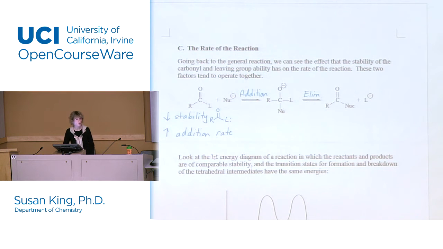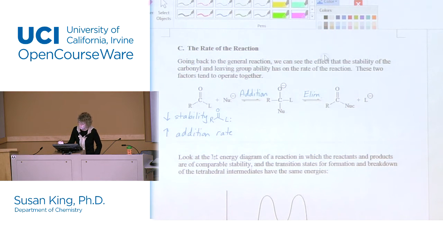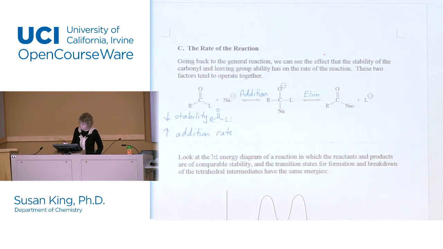The more stable the carbonyl, the slower the addition rate. So that's the first step. And then when we have the second step, this is all about leaving group ability. For elimination, if we increase the leaving group ability, we increase elimination. And so if we have a poor leaving group, that's going to slow down that second step and may not even enable that second step to take place.